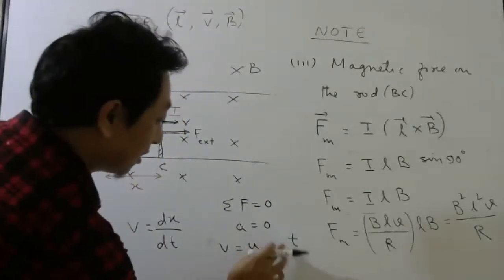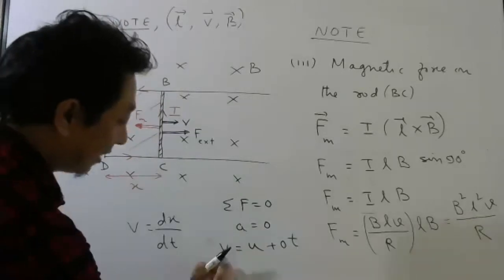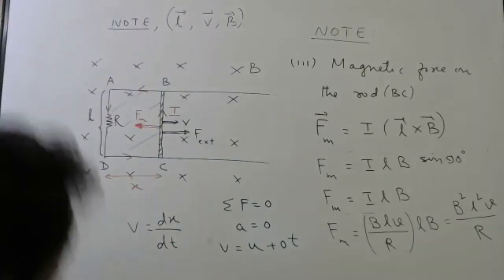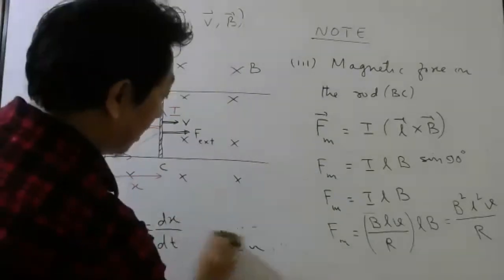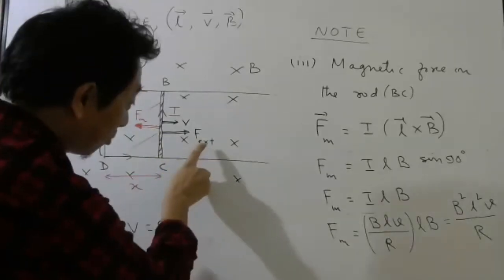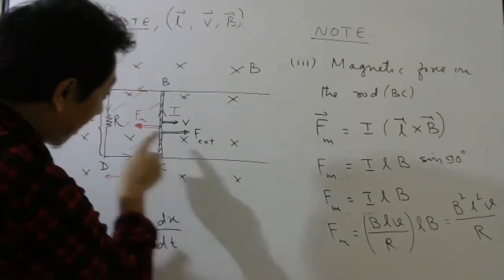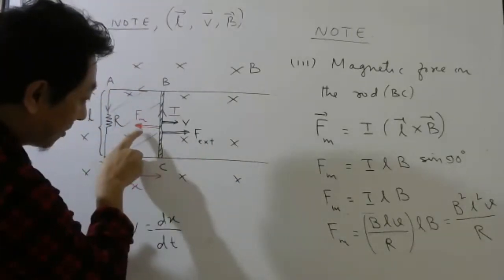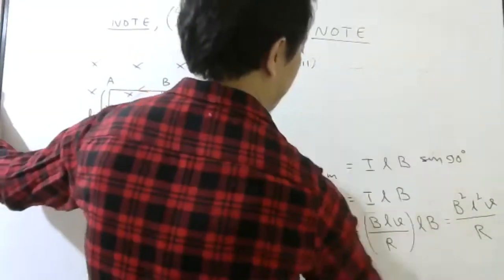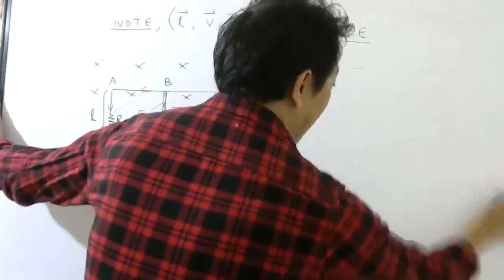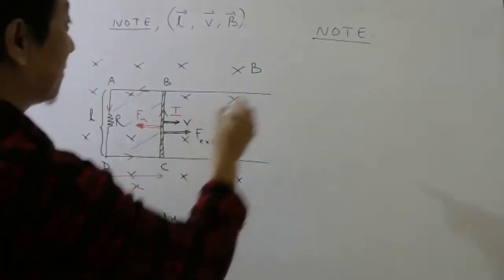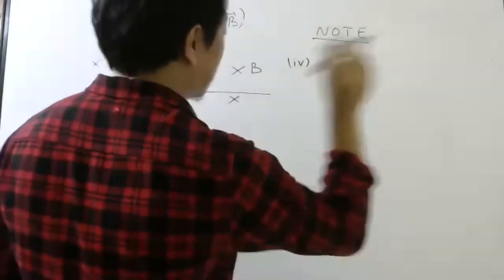So students, if you want the bulb to continuously glow, then you have to apply external force against the magnetic force. Let us calculate now how much mechanical power you have to spend. Last one.